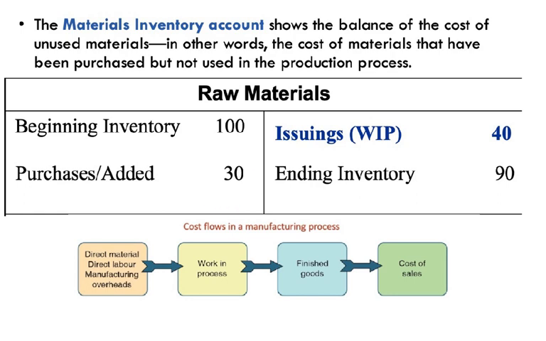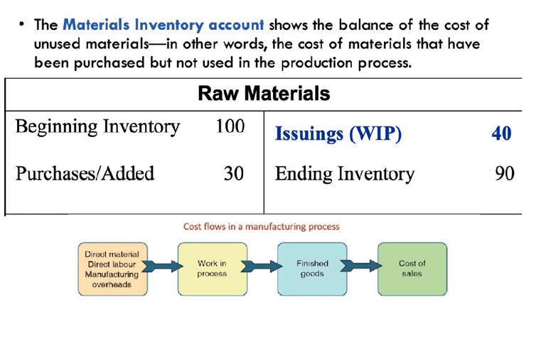And when we issue this raw materials to work in process or WIP, we will do that on the credit side. When we then at the end balance this account, the balancing figure will be my ending or my closing inventory.